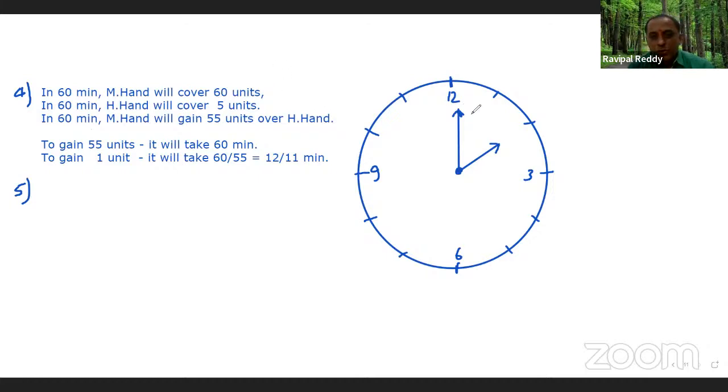From 2 to 3, in this 1 hour, how many times will the minutes hand and hours hand coincide? Please type your answer.